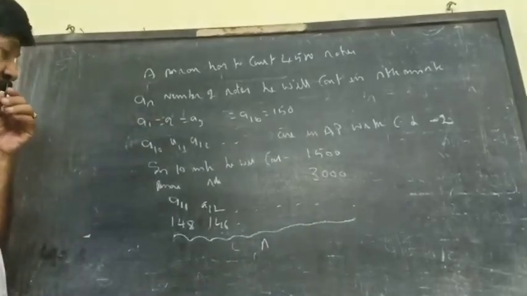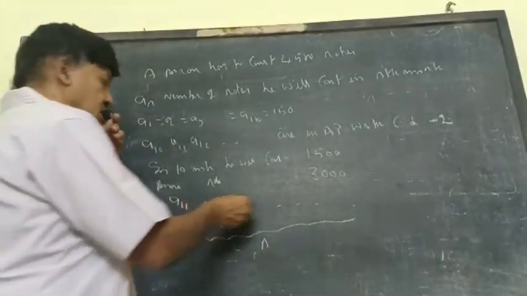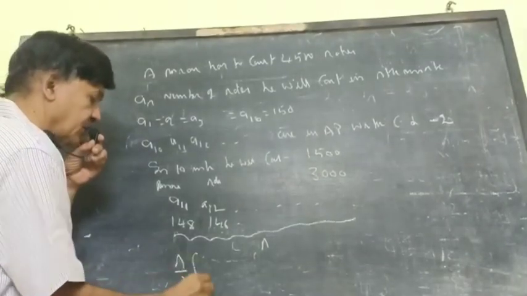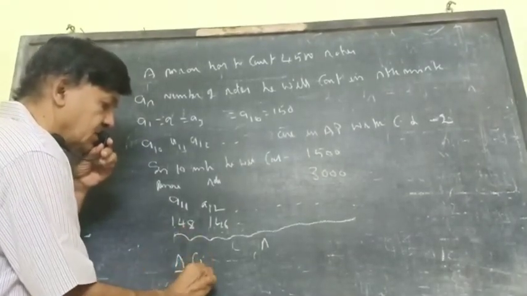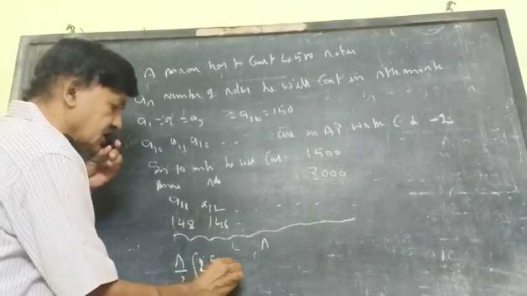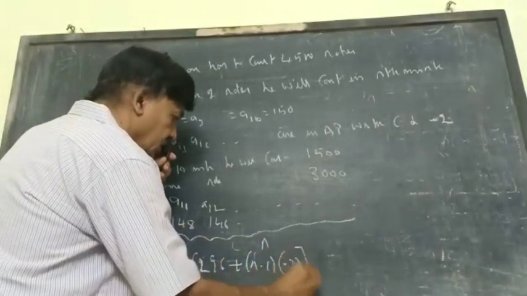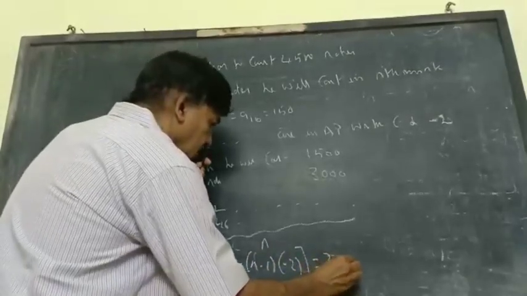Then what is this sum for you? n by 2 into 2a means how much? 296 plus n minus 1 into -2 is equal to 3,000.